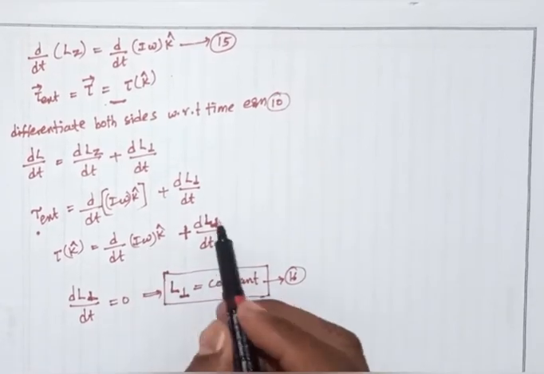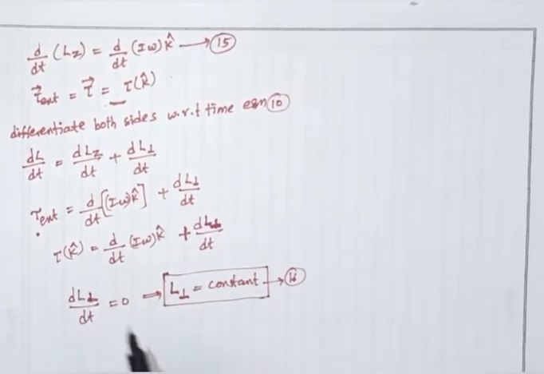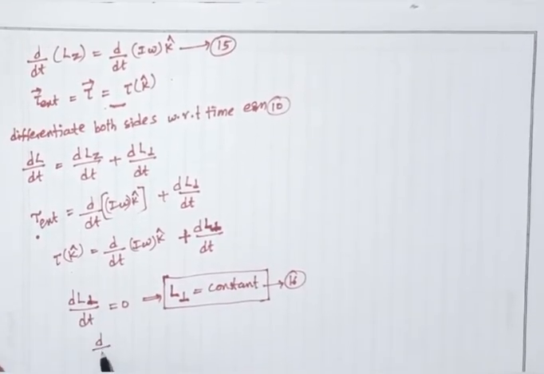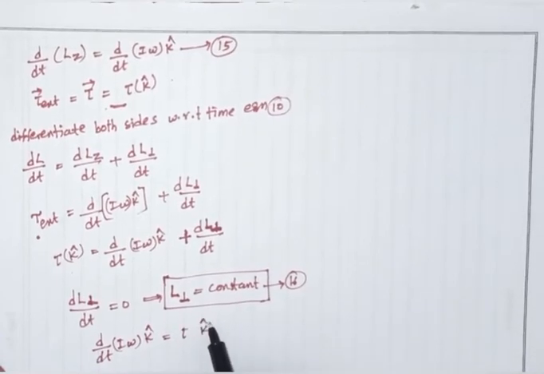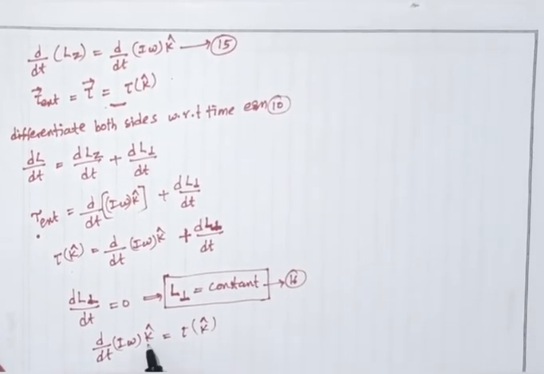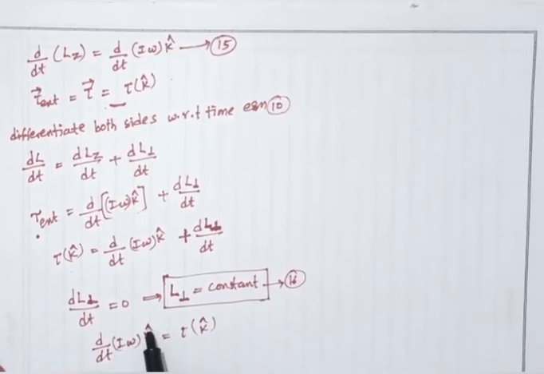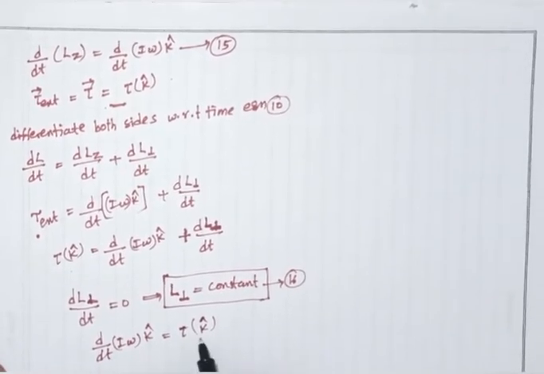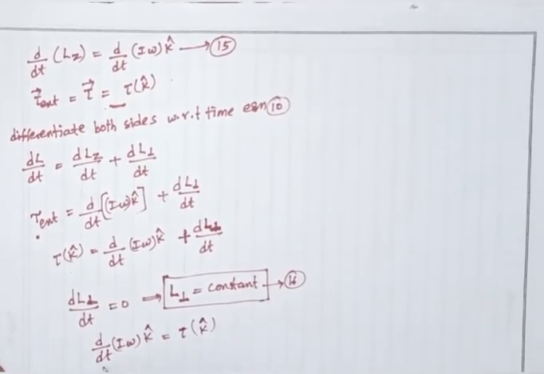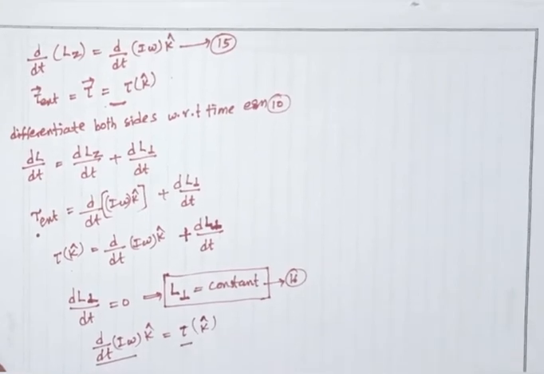Another equation we can write here: d by dt of I omega k cap equals tau k cap. Both sides have k cap along the z axis, so we can take only the magnitude.